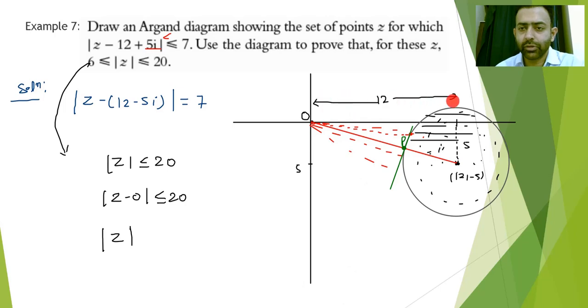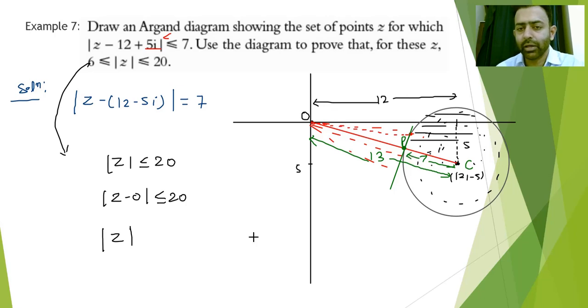So this horizontal distance is 12, and this vertical distance is 5. In this triangle, if I apply the Pythagoras theorem, this distance O to the center, let us take this point as C, so this distance OC is 13. Okay, and as the radius of this circle is 7, this distance is 7.